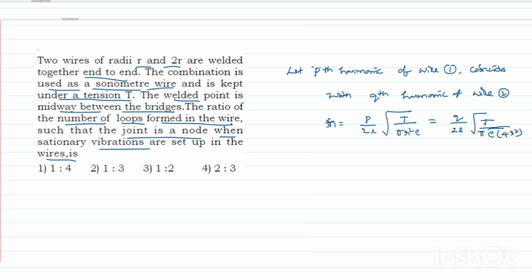T by pi rho r square gets cancelled, and 2L gets cancelled. Then P by Q is equivalent to 1 over root 4, which is 1 by 2. So 1 by 2 is the correct answer.